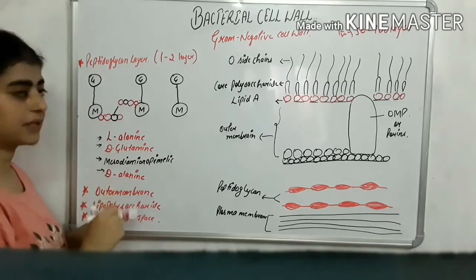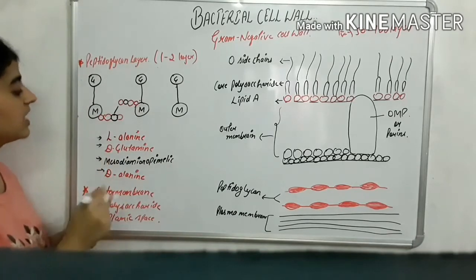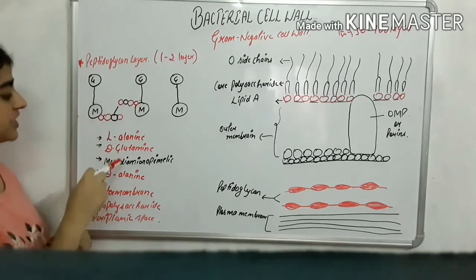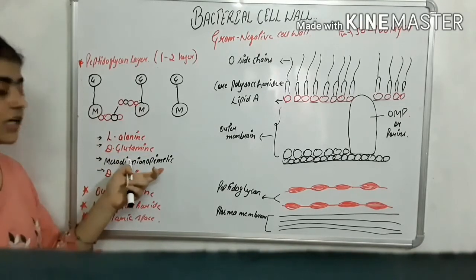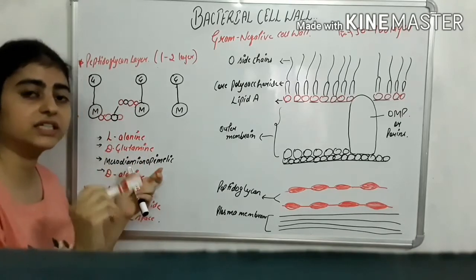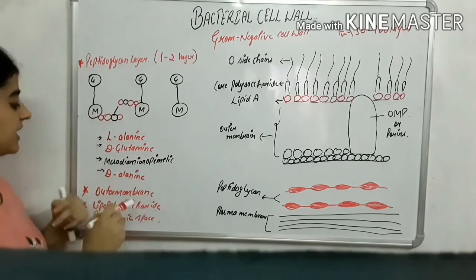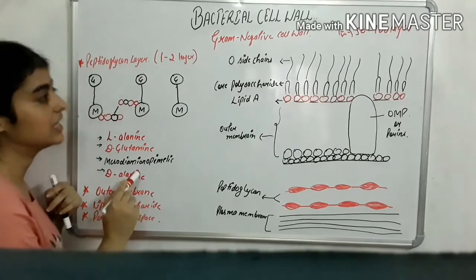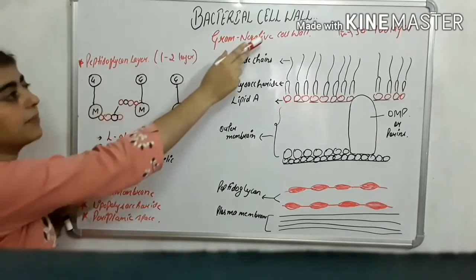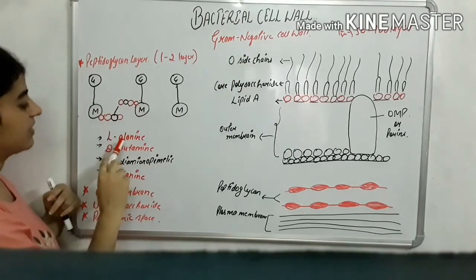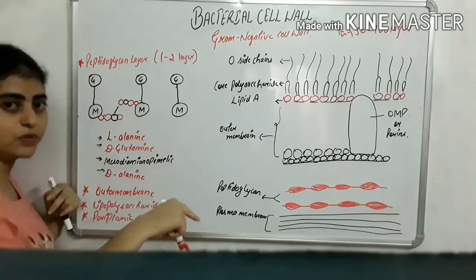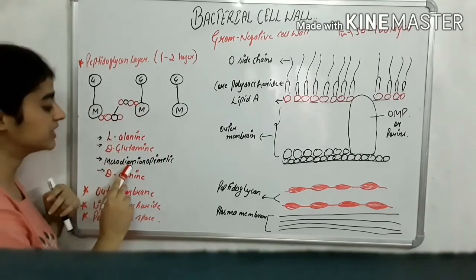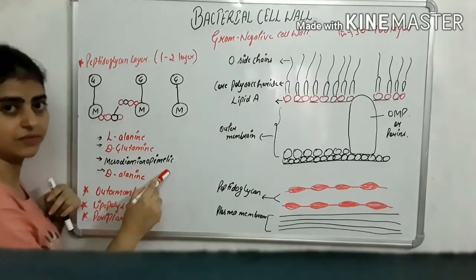If you remember, the gram-positive tetrapeptide chain has alanine, glutamine, and in the third position lysine, and at the fourth position alanine. But in the gram-negative cell wall, we have L-alanine, D-glutamine, and at the third position meso-diaminopimelic acid.